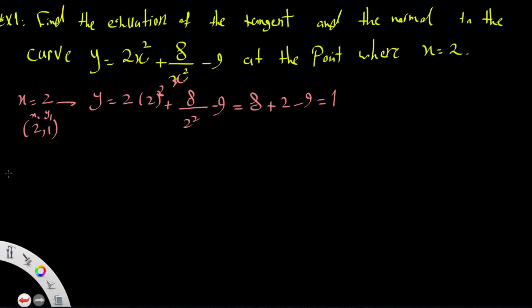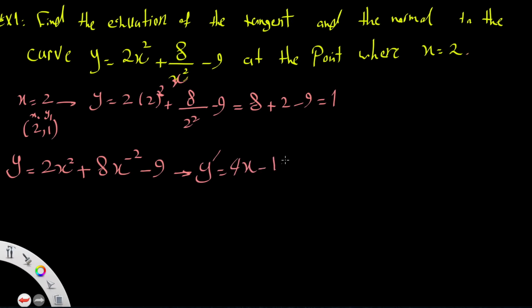To find the gradient, we need to first differentiate this expression. I changed the form to make it easier to differentiate. So y prime will be equal to 4x minus 16x to the power of negative 3. Differentiation of 9 is 0. So y prime will be equal to 4x minus 16 over x cubed.